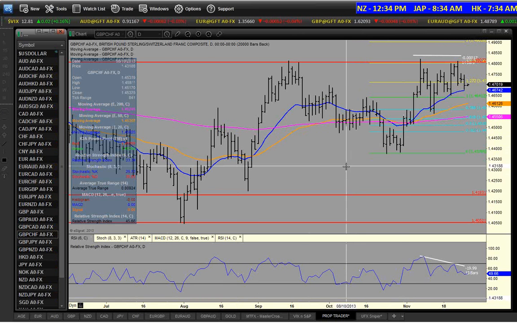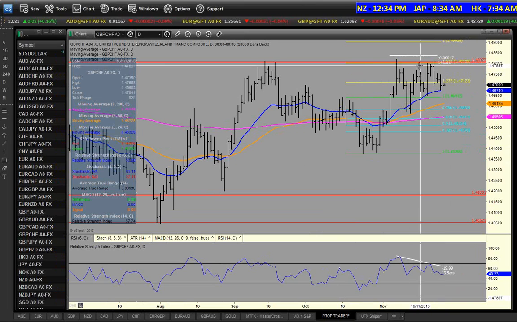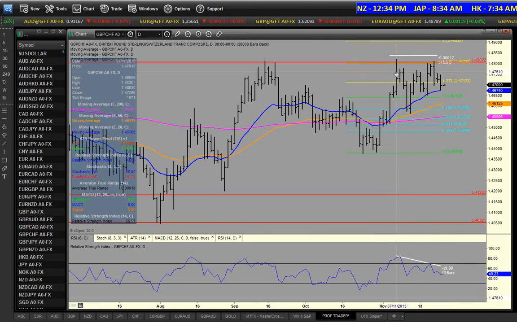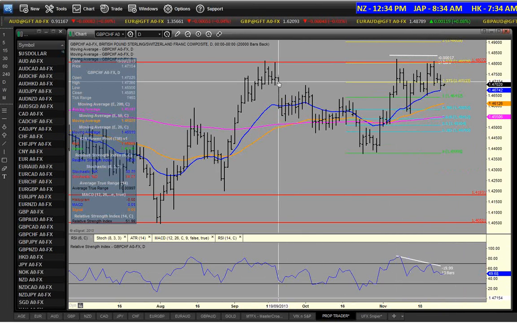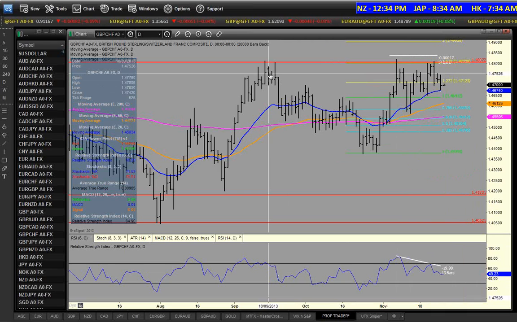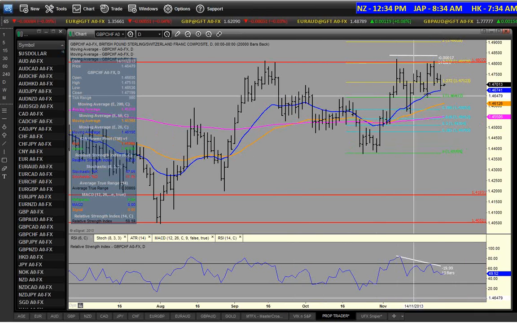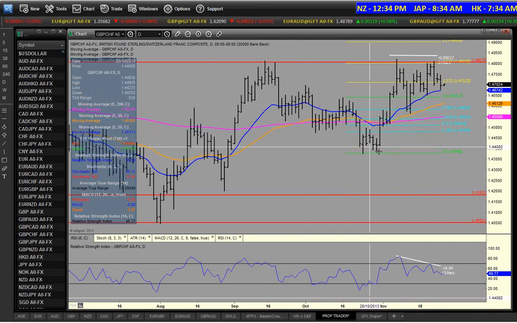So we can see you've got the resistance of this horizontal, the 148. We've got clear divergence all the way across there. And this is the euro pound, but this looks a hell of a lot better than the euro pound. And that's the targeting there.